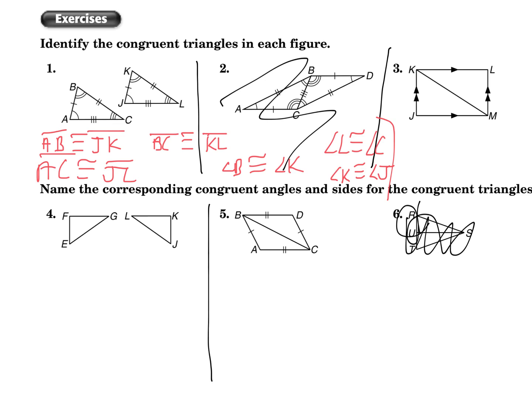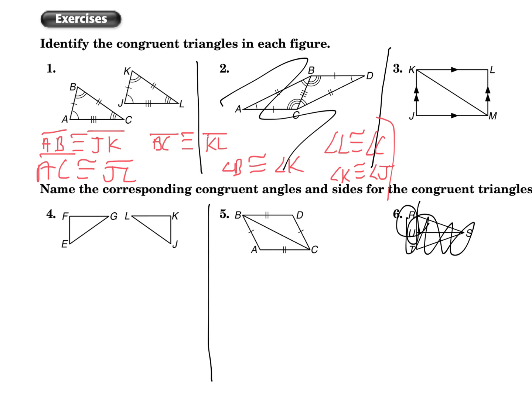On number 3, we're not going to worry about writing congruent statements for the angles like we did over here. We're just going to prove why these are congruent by writing congruent statements for the sides. On number 3, there are lines on this one showing that some lines are parallel.